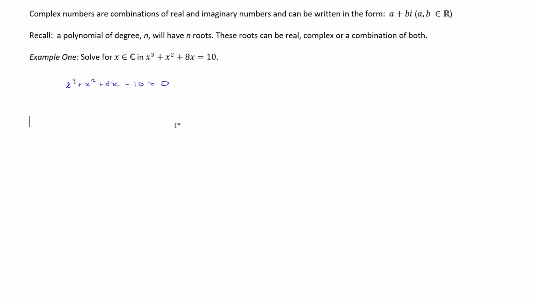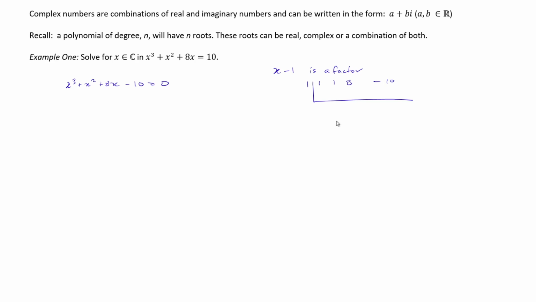All right, looks like 1 gives a 0 here, which means that this cubic can be factored using x minus 1. So x minus 1 is a factor. That's my k value, and I set up my synthetic division.